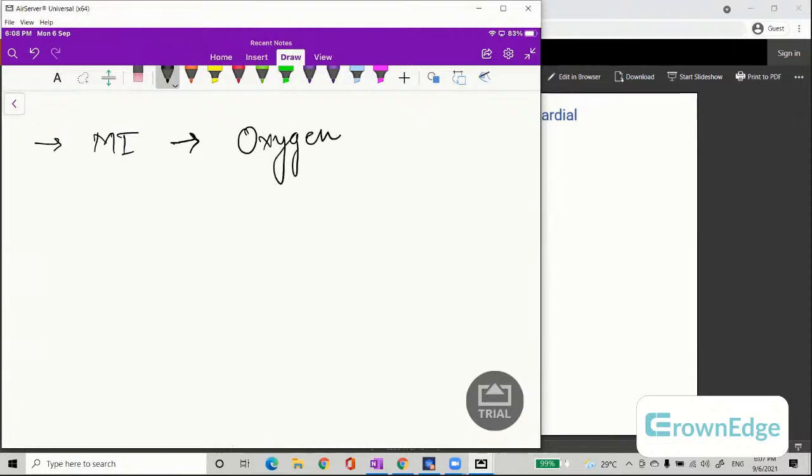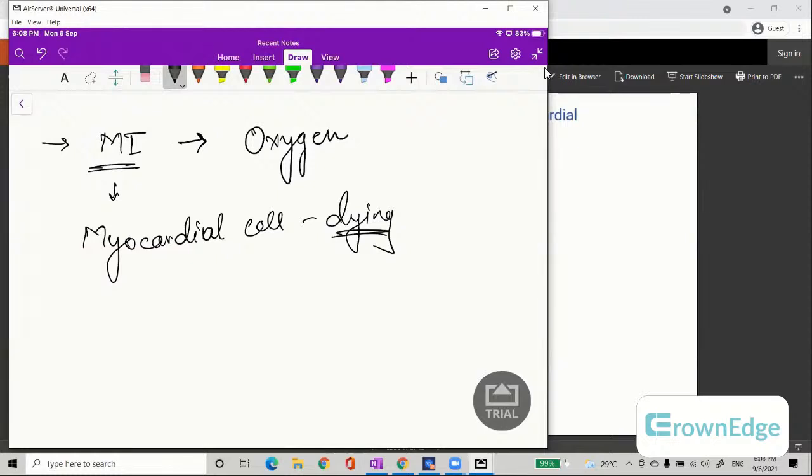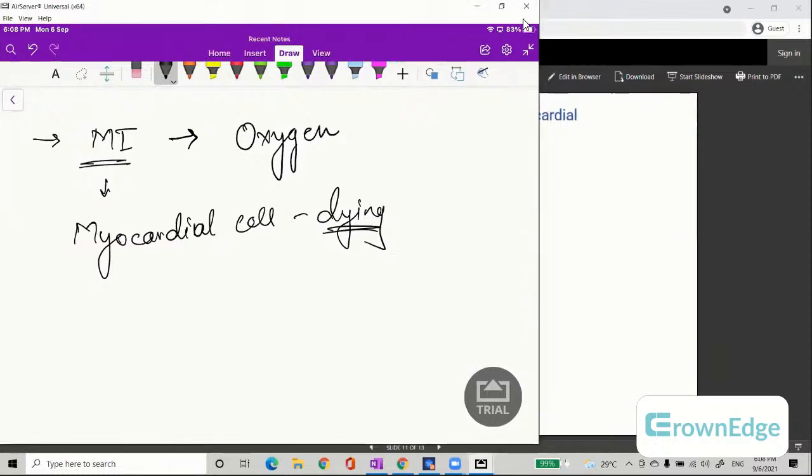oxygen, right? Myocardial infarction means that the myocardial cells are dying. So if you have to take quick action, how can you prevent the injury? This prevention of injury can be done if you give oxygen. So first of all, give him oxygen to prevent further injury.